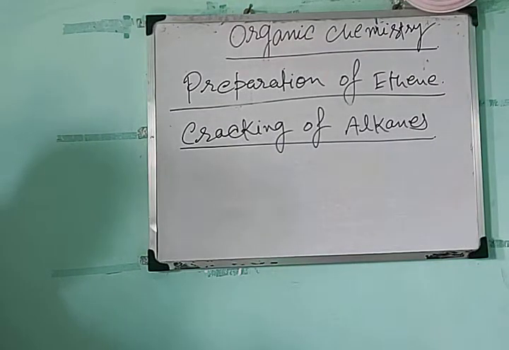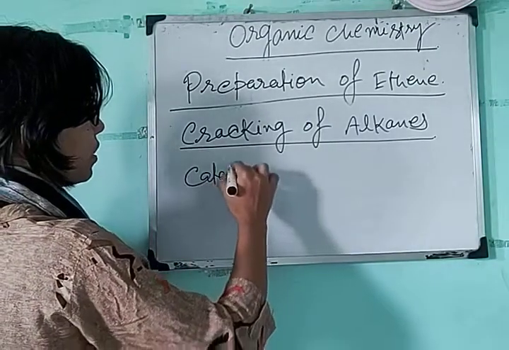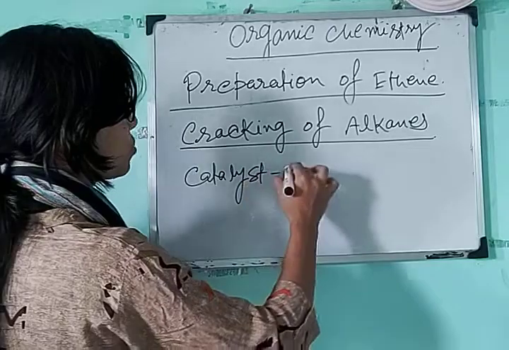In cracking of alkanes, this is actually a high temperature reaction. Catalytic cracking of alkanes at high temperature and pressure yields alkenes. So catalytic cracking of ethane at 500 degrees Celsius in the presence of silica alumina. The catalyst here is a silica alumina mixture.